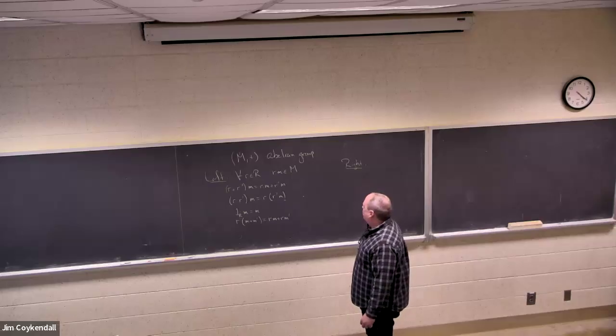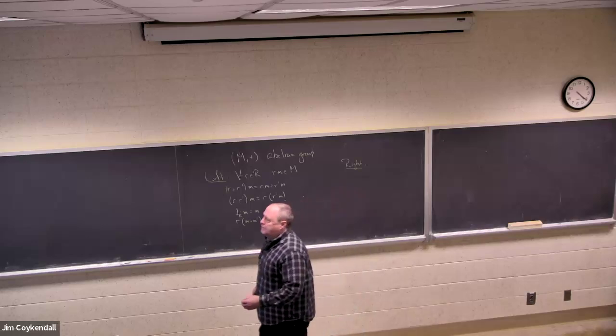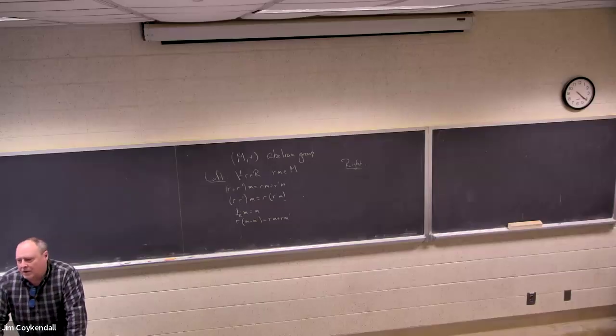And it's a module if it's true on both sides, but there's no guarantee, if the ring's not commutative, for example, that R times x is the same thing as x times R.